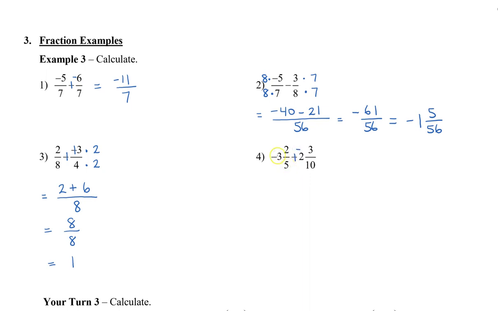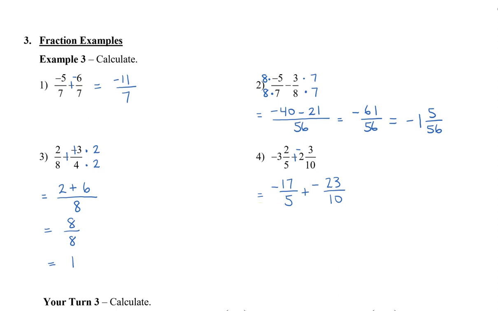So remember, we're going to go 5 times 3, which is 15, and then plus 2, which is 17. Now remember, when we're multiplying, we ignore the negative sign when we're changing to an improper fraction. So this becomes negative 17 over 5 plus negative, we're going to go 10 times 2 plus 3, and that's going to be 23 over 10.